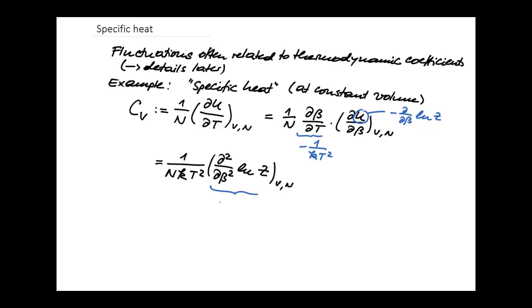But this, we just learned, is the variance of the energy. So, in fact, the specific heat at constant volume is related to fluctuations. It's given by 1 over N kT squared times the variance of the energy.